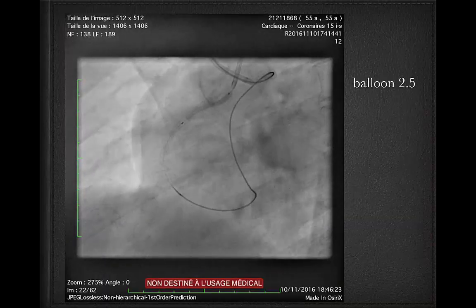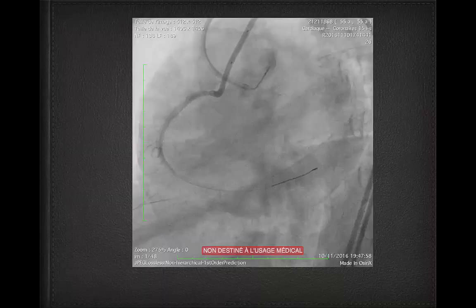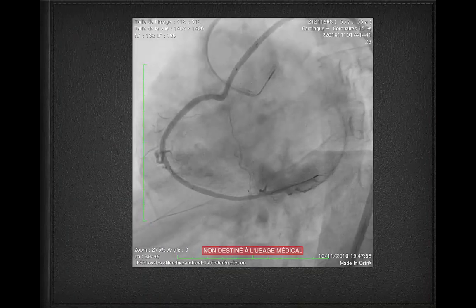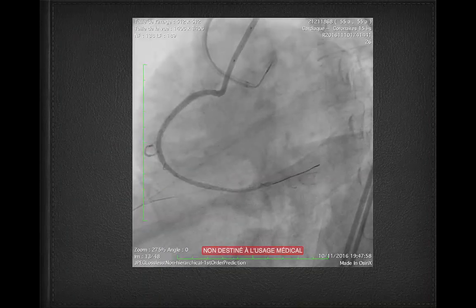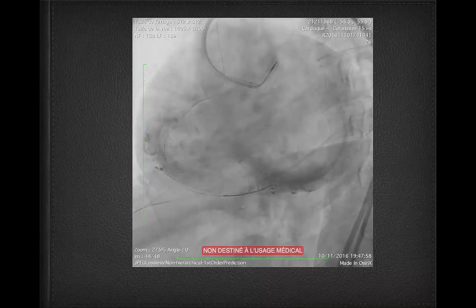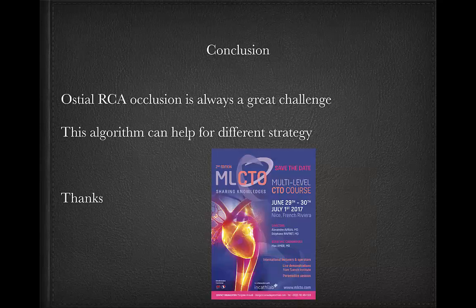So then we can predilate and stent, and this is I think the final result. This is great, and actually I've seen sometimes people do some laser, like if you couldn't get your microcatheter all the way in the guide, which can happen, they can do laser or something else. Absolutely. But it's a great example, and it looks like rotablator, even if there's no stent, there's so much fibrotic tissue and there's no other way, so they can really make a channel for you.